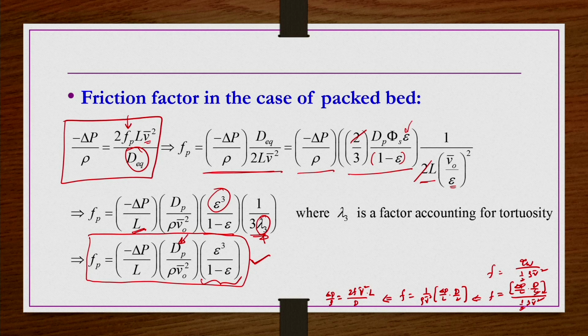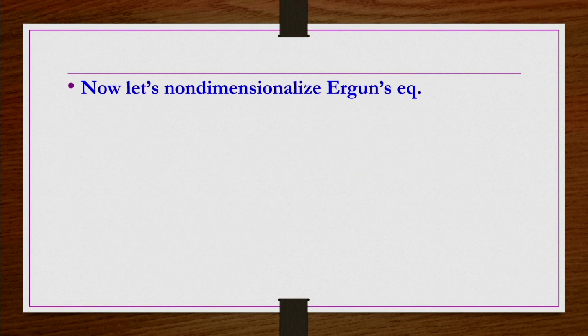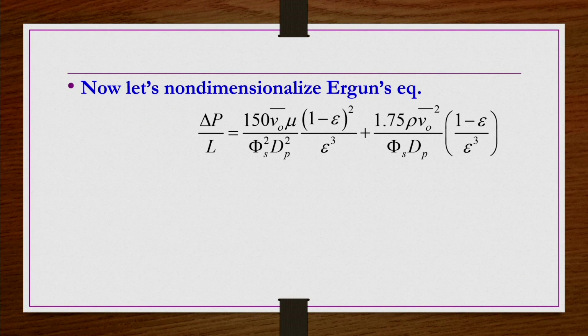Now what we do, this Ergun equation we non-dimensionalize, so that the Ergun equation can be written in terms of this Fp friction factor or F versus Rep or Re, that is what we are going to do now. So, this is the Ergun equation that we have seen, which has the additive contribution of both viscous losses and kinetic losses.